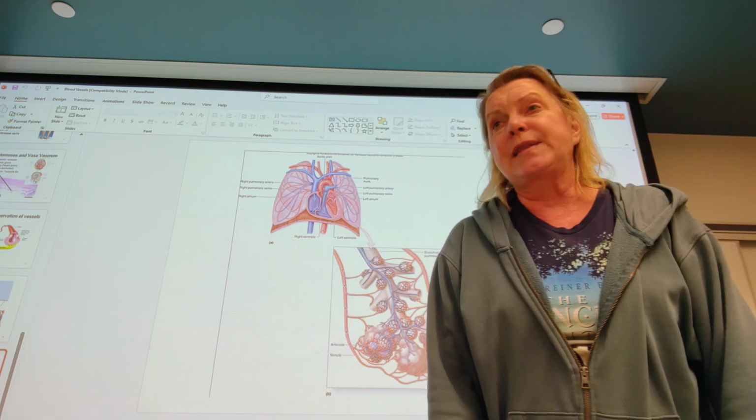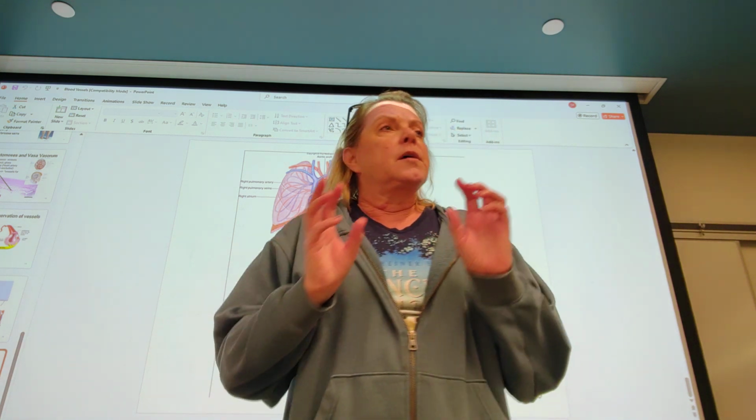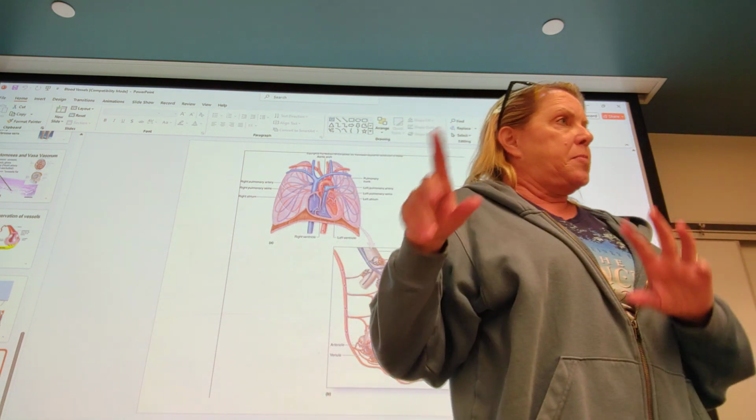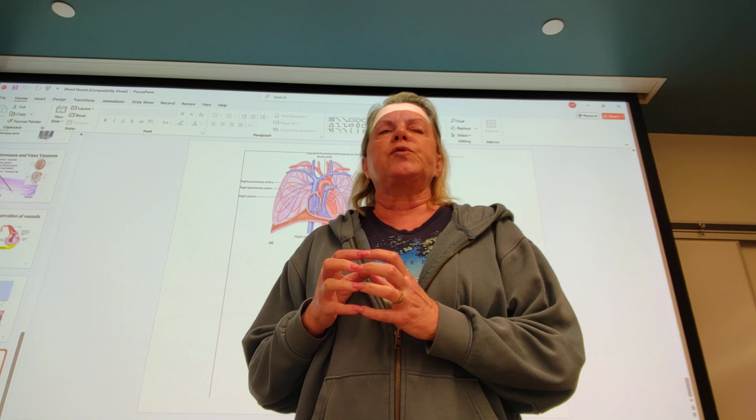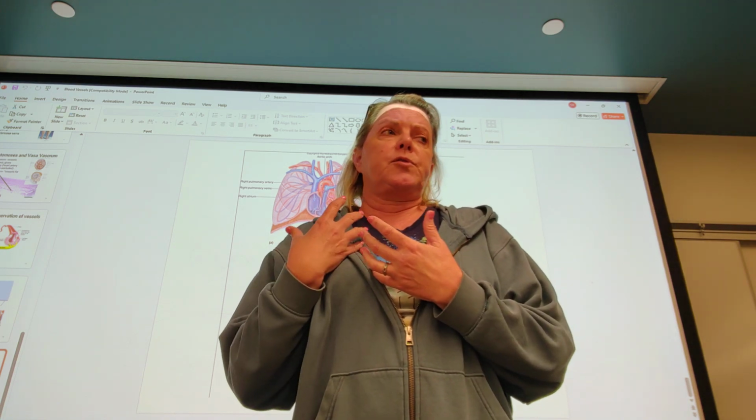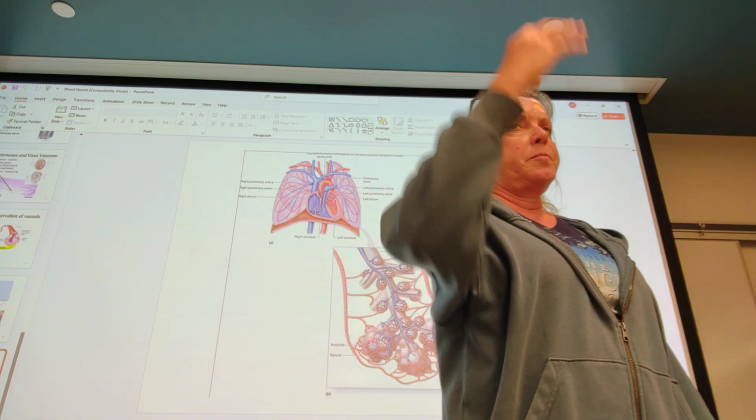And it's usually, and that's called CVP. CVP. Central venous pressure. And it is referring to the pressure in the right atrium, which should be 0.